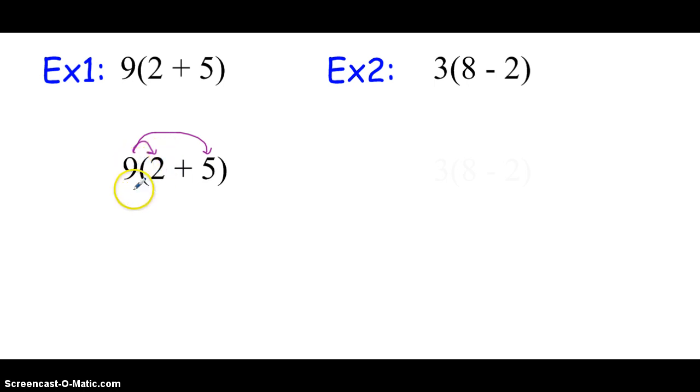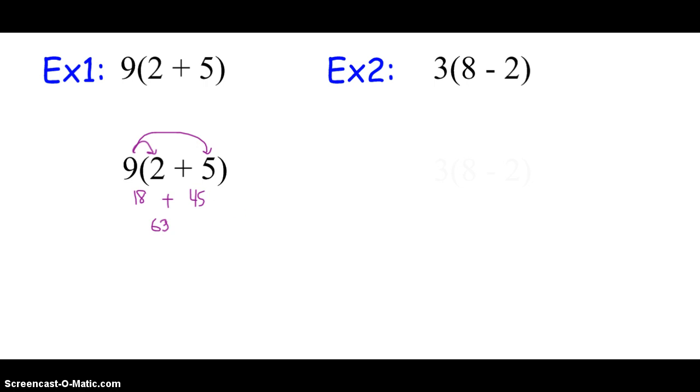So 9 times 2 gives me 18 here, and 9 times 5 gives me 45 here. When I add these two together, I get a total of 63. So hopefully you got that one correct.